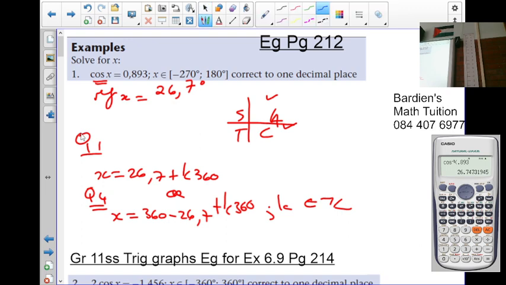So let's list. X is an element of. Okay, so remember now it's within that given domain. So put 0 through here, I'm going to get 26,7 degrees. Now put a 1 in there. Should give you an answer of 386,7 degrees, which is outside the given domain.